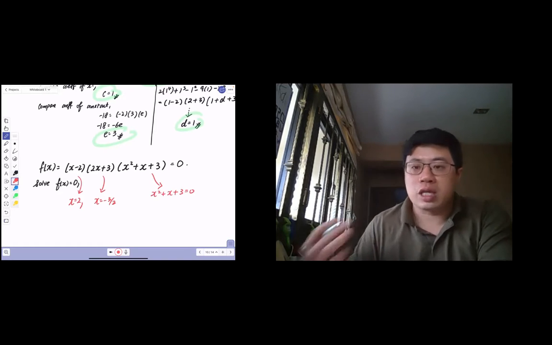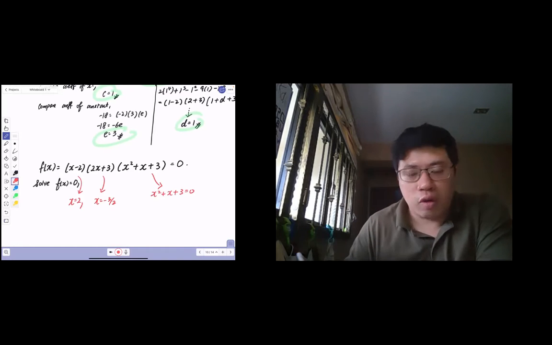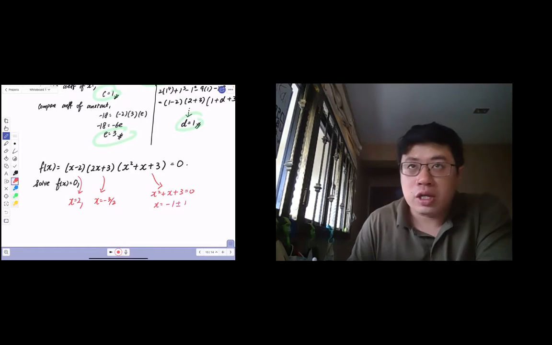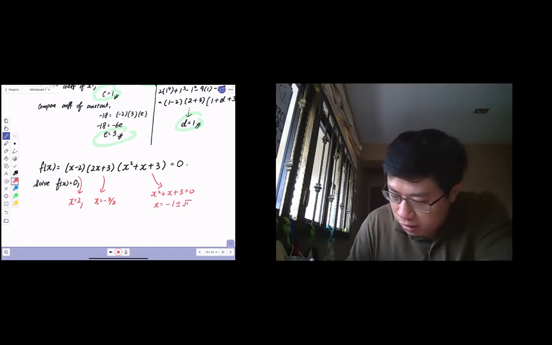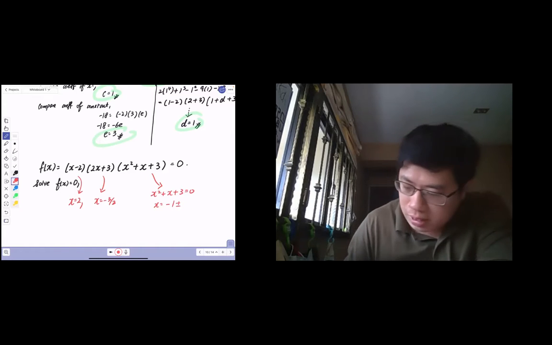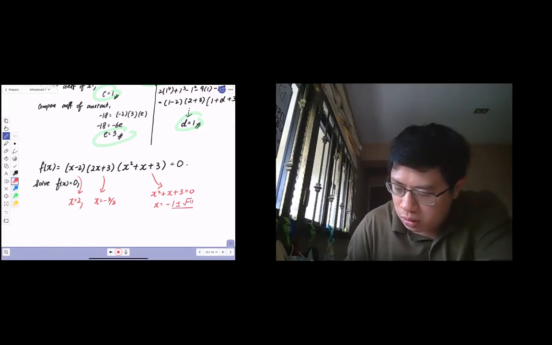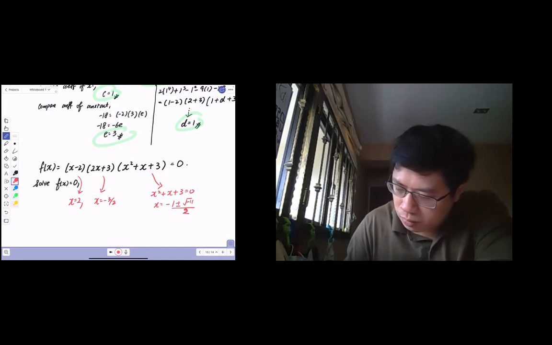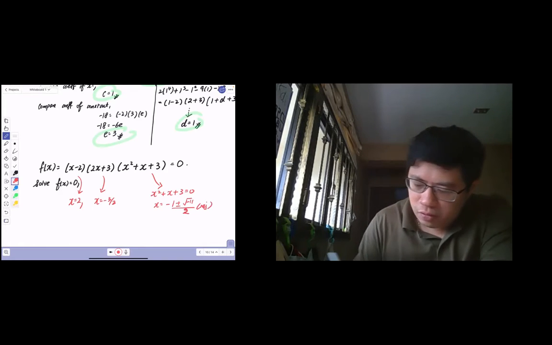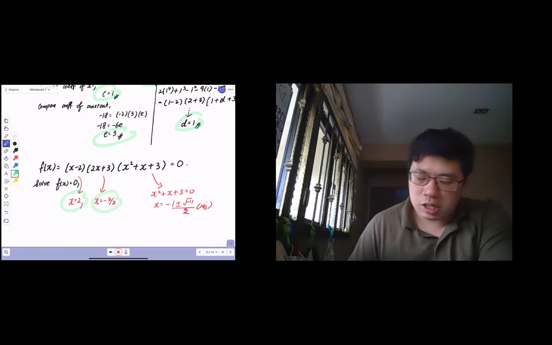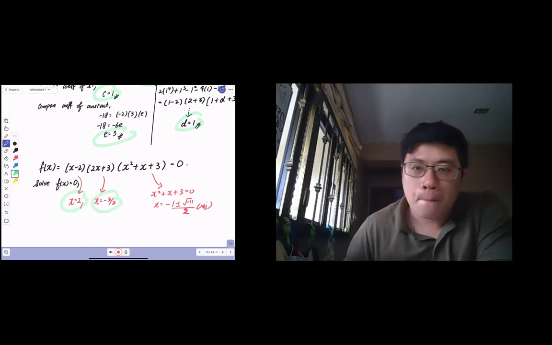The discriminant is less than 0. Or if you try to use the quadratic formula, you get something like x equals negative 1 plus minus square root of negative 11, divided by 2, which doesn't give you a real root. Therefore, only these two are the real answers. So my answer is just 2 and negative 3/2.